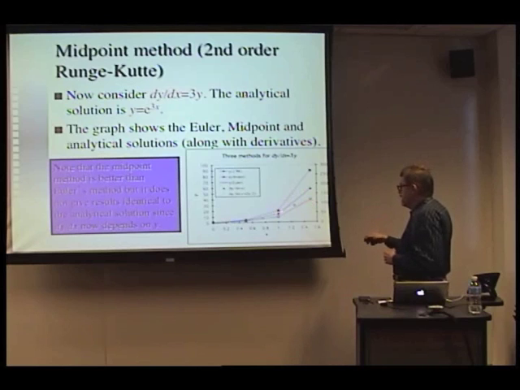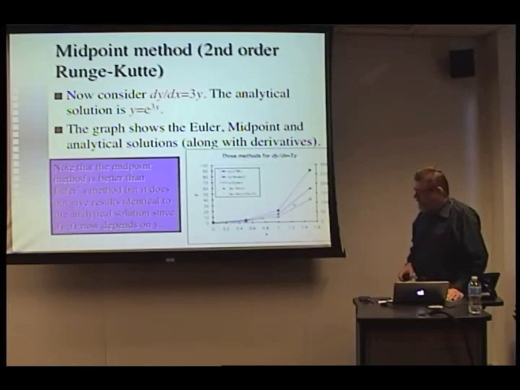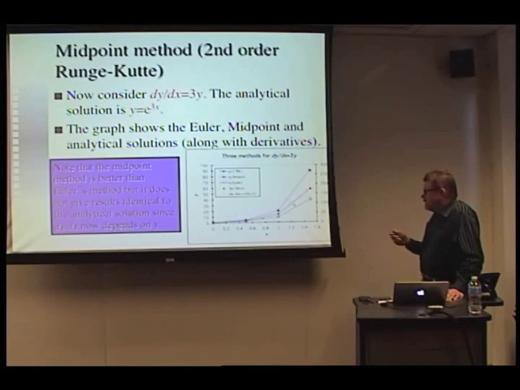This is the Euler method right here. And here is using that midpoint method where we try to estimate the value of the derivative at the midpoint of the interval. And it's better. Notice, it went from here up to here, but it still didn't make it to here.